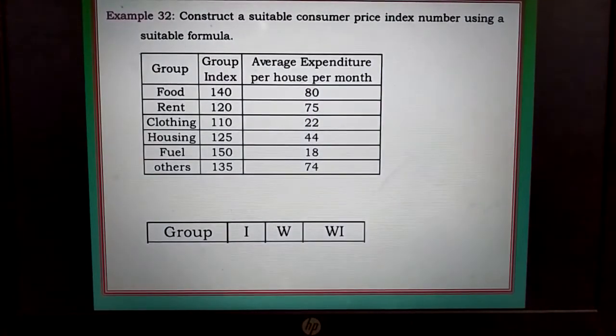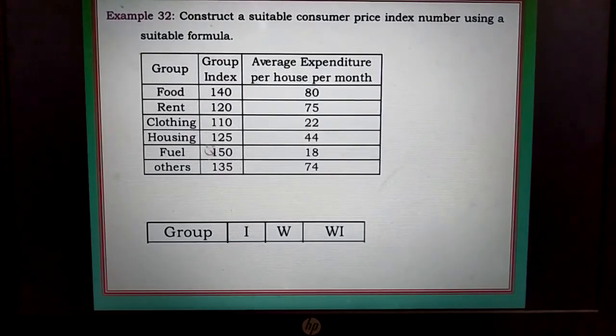Next example. Construct a suitable consumer price index number using a suitable formula. So in this, groups are given. Group index, already calculated index based on different or various groups.